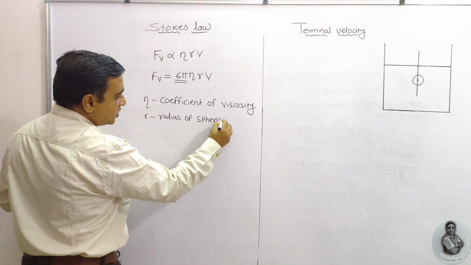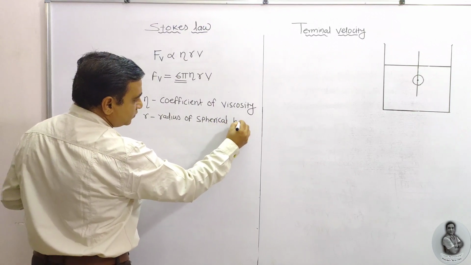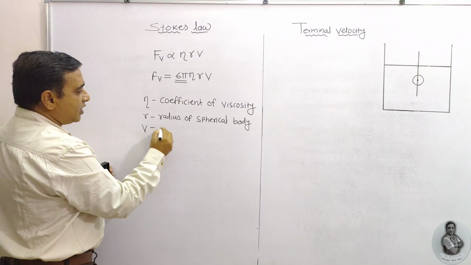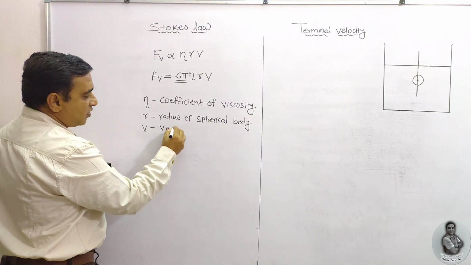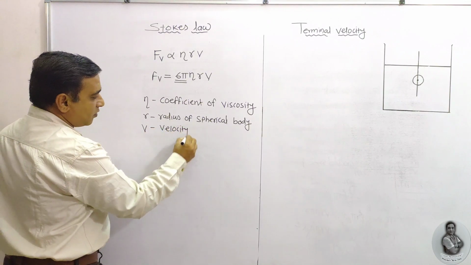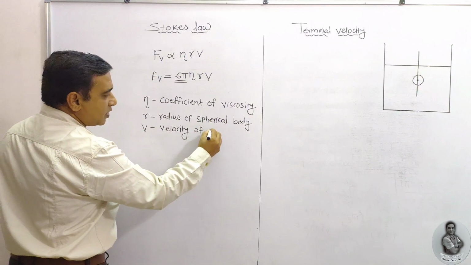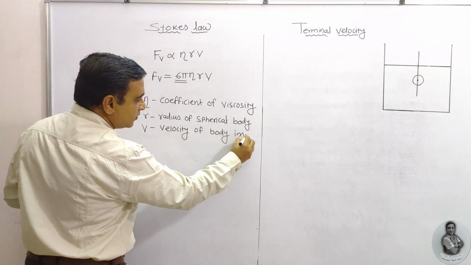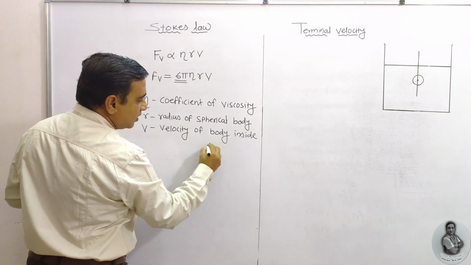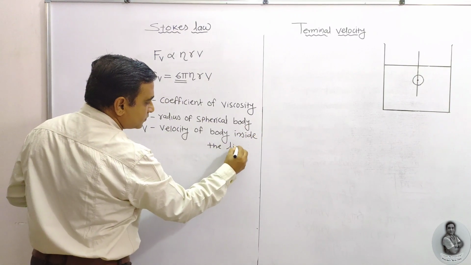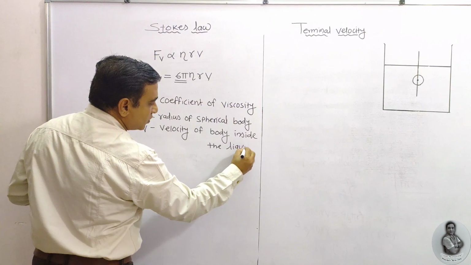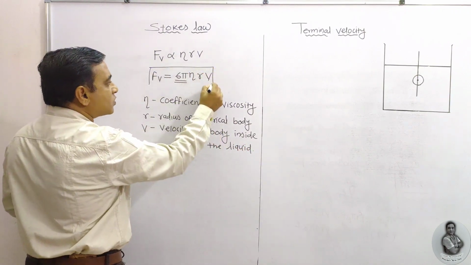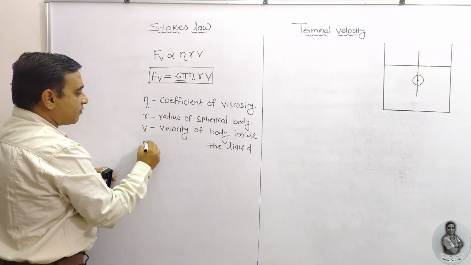V is nothing but the velocity of that body inside the liquid. So this is the basic formula given by Stokes law to calculate Fv.